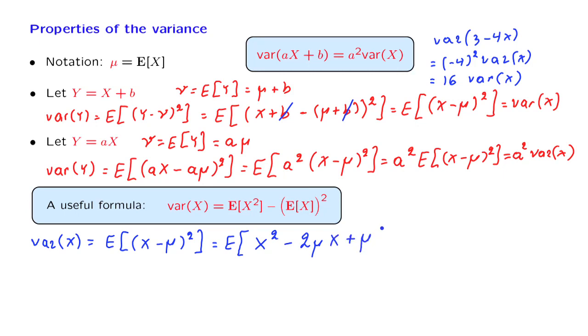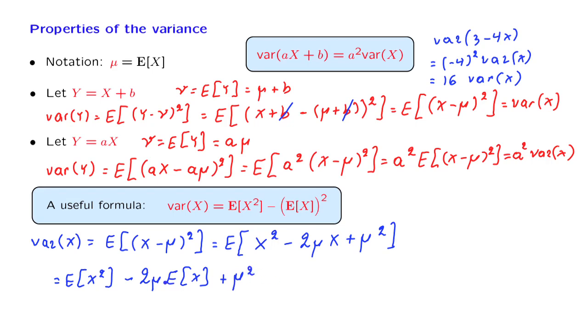plus mu squared. Using linearity of expectations, this is broken down into the expected value of X squared minus the expected value of 2 times mu X, but mu is a constant, so we can take it outside the expected value, and we're left with 2 mu expected value of X plus mu squared.